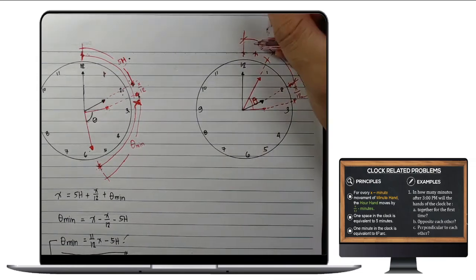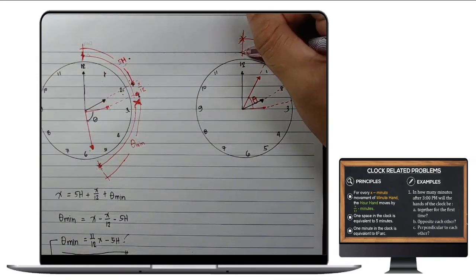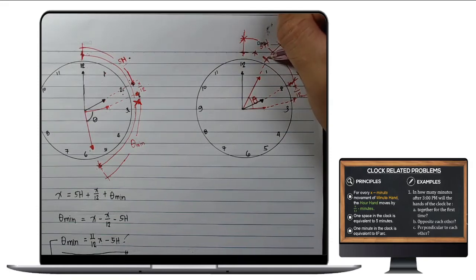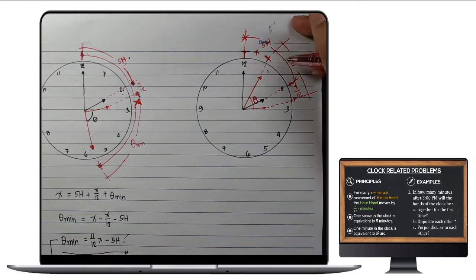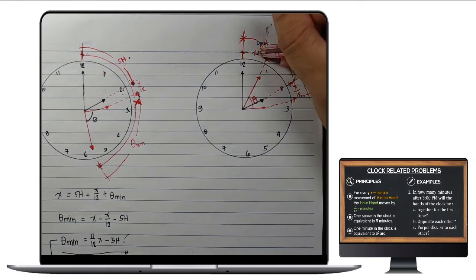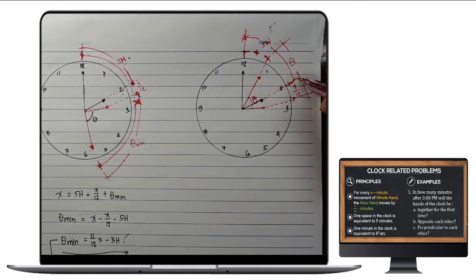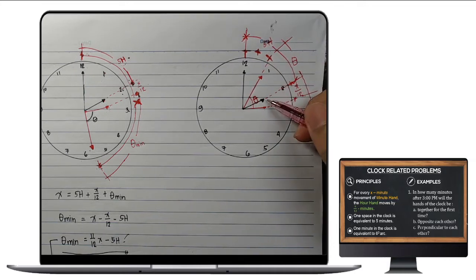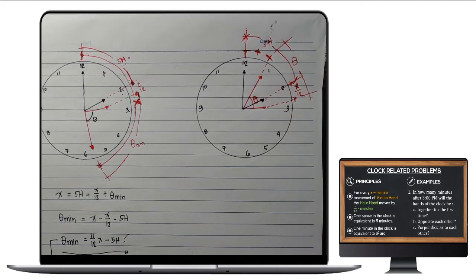Okay? So again, from this point, yung unang position ni minute hand, hanggang dito sa second position niya, we have it as x movement or x minutes. Then, from this point dito sa original position ng hour hand going sa another position, that is equivalent to x over 12.